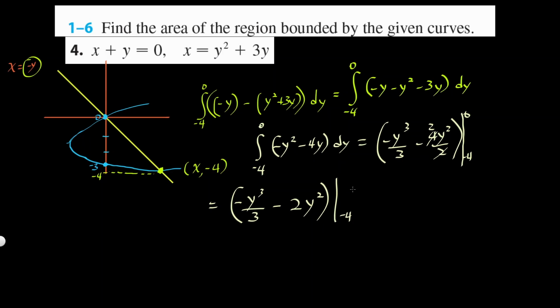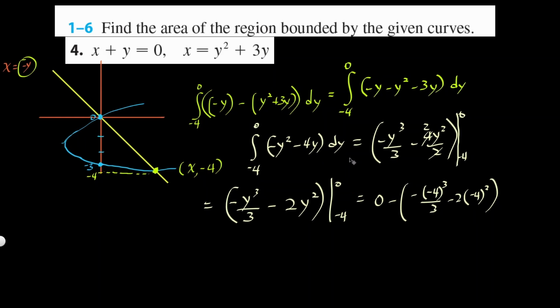See what I mean? You gotta be careful here. Now plug 0 in, it's going to be all 0, minus. Now plug in negative 4. So negative 4 cubed over 3 minus 2 times negative 4 squared, like that.